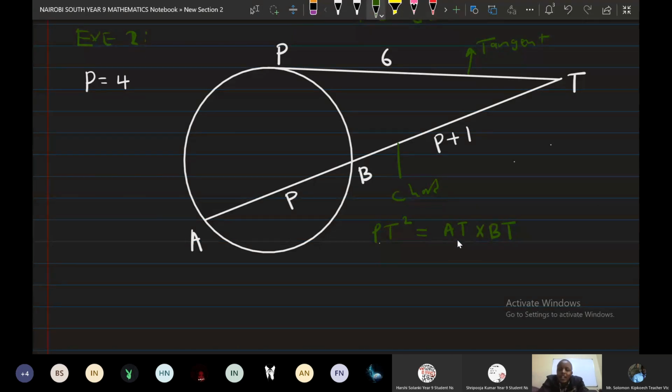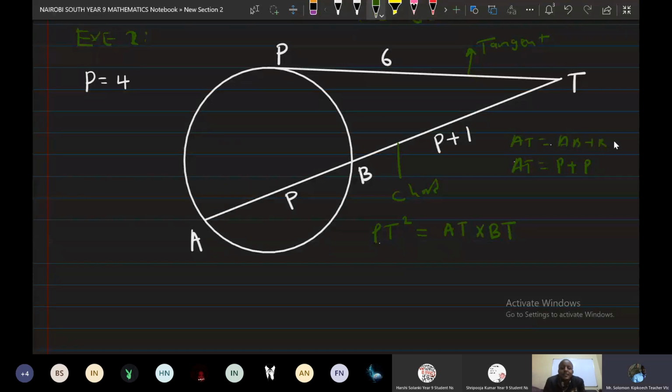And therefore, before we do anything, Mr. Solomon, we can work out AT, the whole chord. AT equals AB plus BT, which is P plus P plus 1.